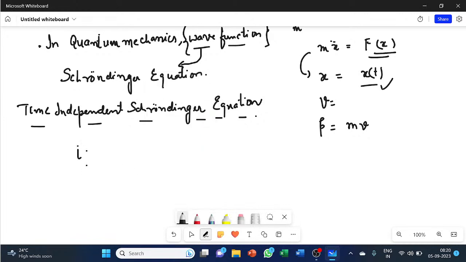So I'll write iota h bar del psi upon del t is equal to minus h bar square upon twice m, and then you have del square psi upon del x square plus v psi.